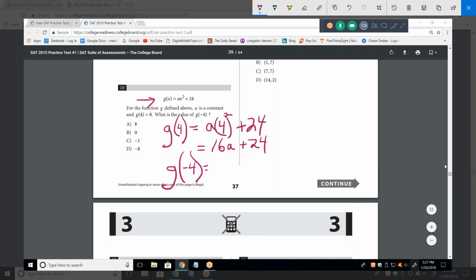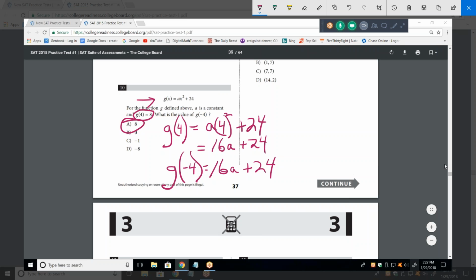Positive 16. Negative 4 times negative 4. Negative times a negative is a positive. Okay. So this is 16a plus 24. They're the same thing. And it tells you that g of 4 is 8. Therefore, what's g of minus 4? 8. You got it.